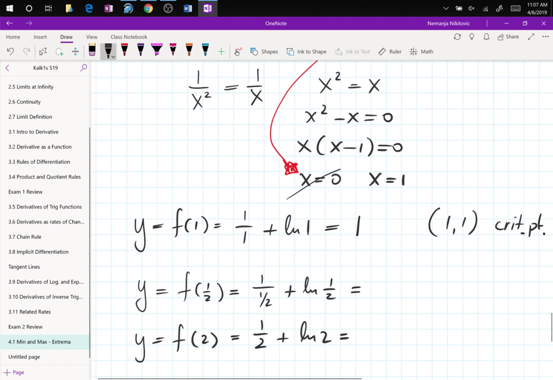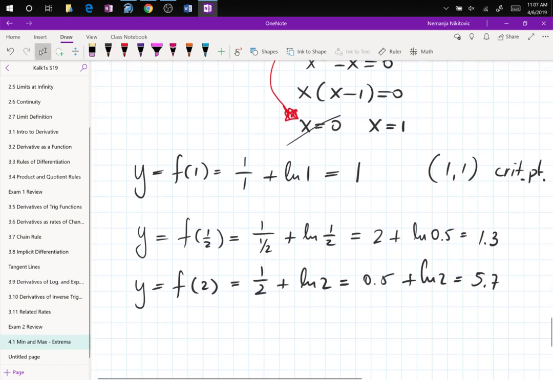And then you can use your abacus to figure out these things. You have 2 plus ln of 0.5 and 0.5 plus ln of 2. So 2 plus ln of 0.5 is about 1.3, and 0.5 plus ln of 2 is about 5.7. So clearly this is what? So what's 1, 1?